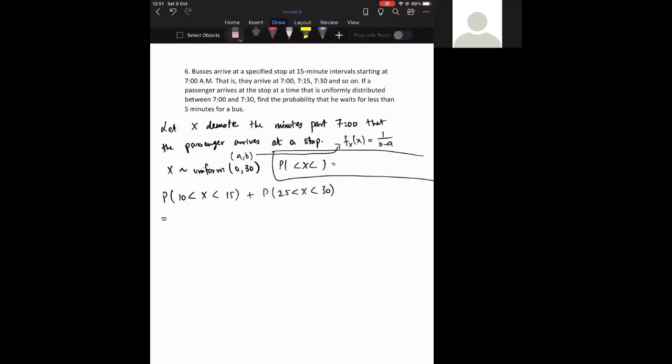To find the probabilities ranging from C to D, all we need to do is find the integral from C to D of the PDF.